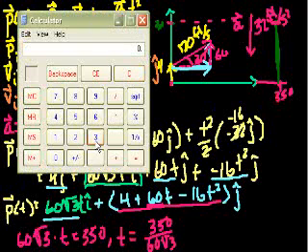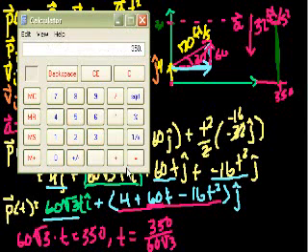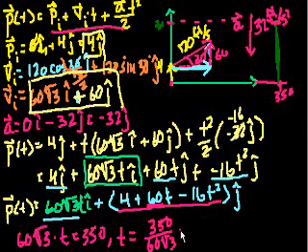Get the calculator. 3 square root times 60 equals, okay, and now that's in the denominator, so let me invert it, times 350. Okay, so that's 3.37 seconds.